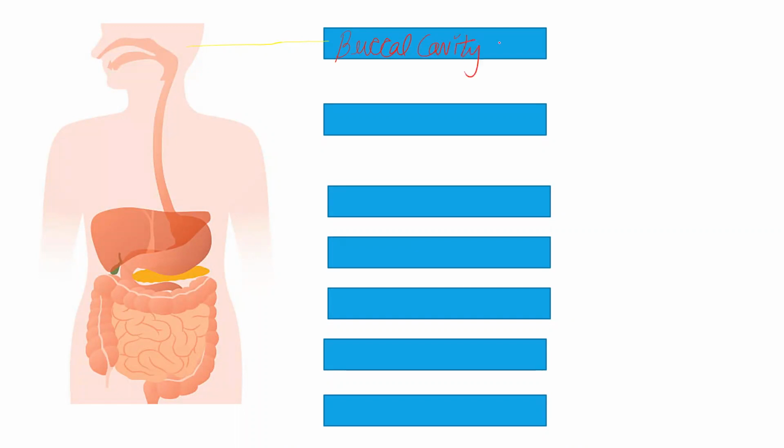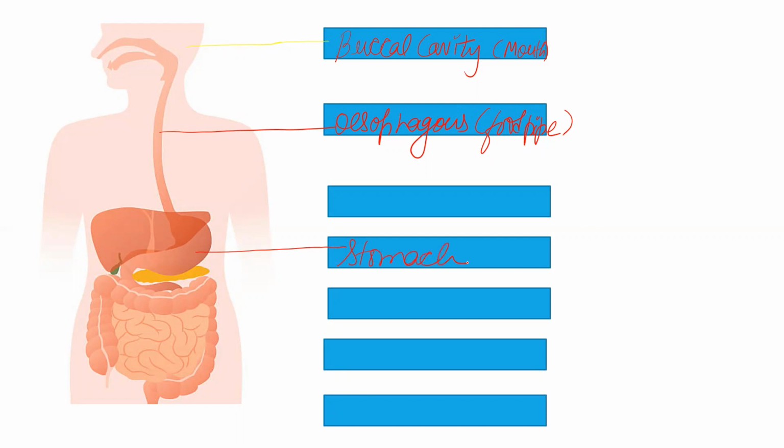We will study in detail what the mouth contains. The next organ is the esophagus. When you were small, instead of esophagus, the simple name was food pipe. Then we have a very important organ, that is the stomach.